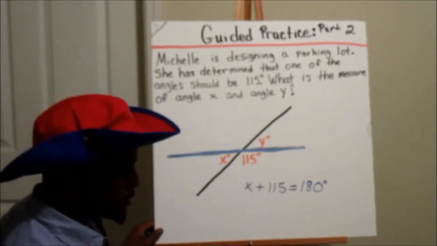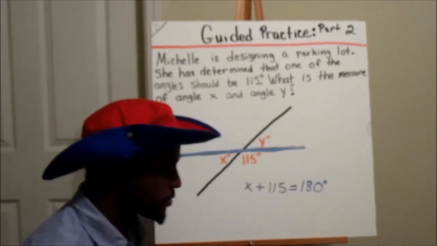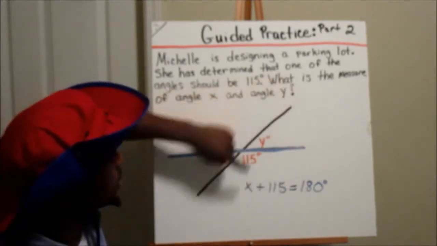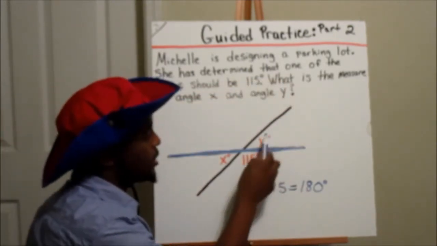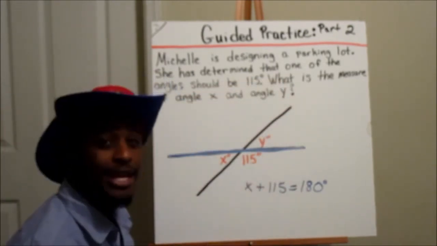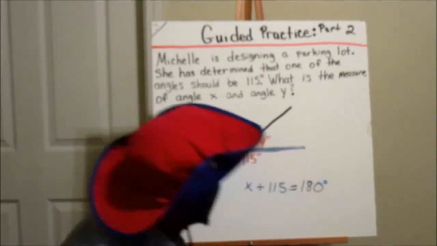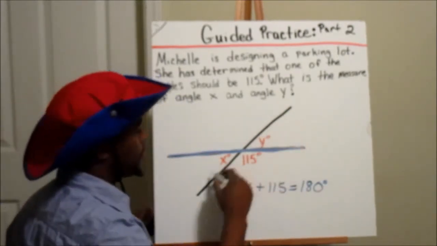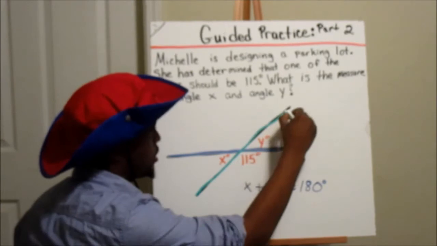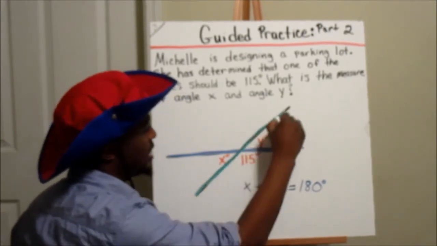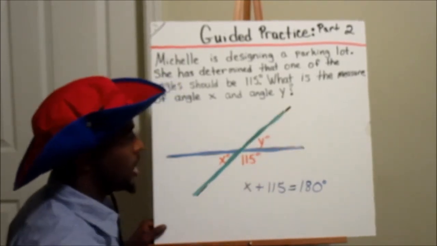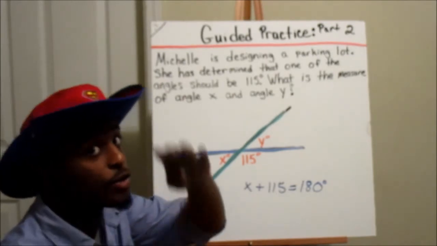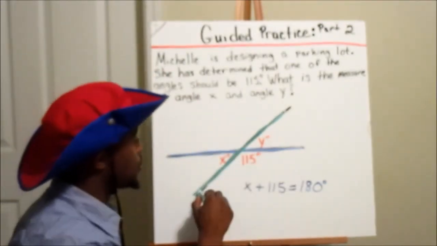Both of these angles make up that straight line. Alright? Looking at the second part, it says what is the relationship, or how is the angle Y and the 115 degree angle related? Again, I'll use a different color. These two also share a straight angle. If I look, this is a straight line here. And remember I told you, it doesn't matter if they go horizontal, diagonal, or vertical. They're still straight angles.